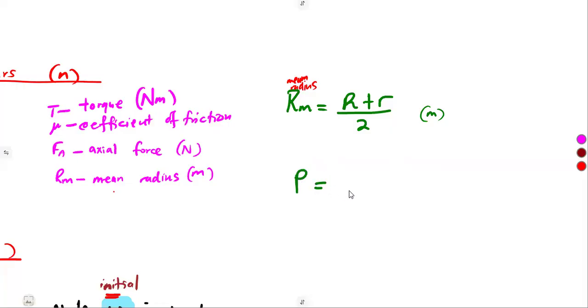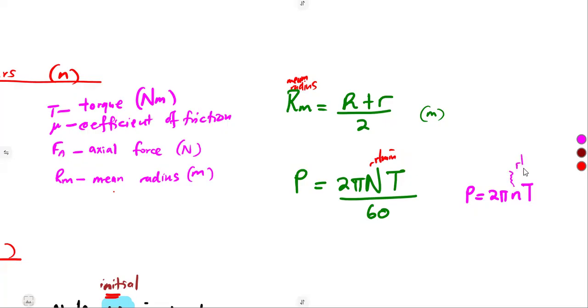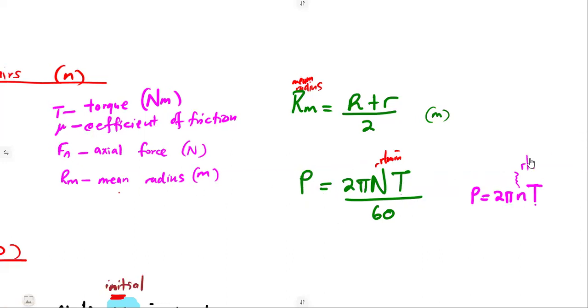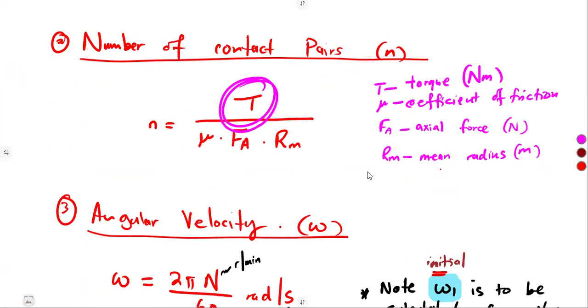Remember, power is, we said, 2 pi n t over what? Over 60, if your n is in revs per what? Per minute. Meaning to say, if it was in revs per second, our power is going to be given as 2 pi n t, like this, if this one is in revs per second. So t is the torque, which is also part of our calculations here.